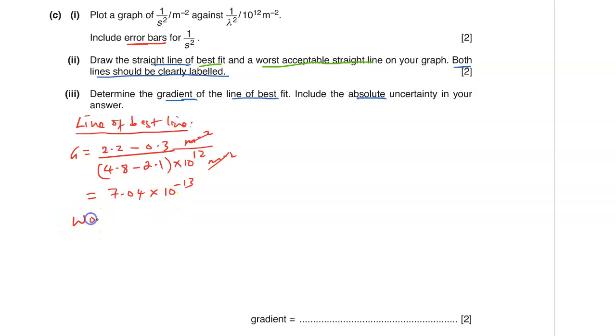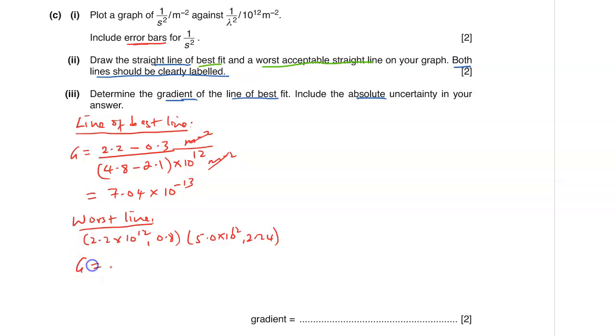Then the worst acceptable line, and the coordinates that I used are 2 times 10 raised to power 12 for the x-axis, and 0.8. The other coordinate was 5.0 times 10 raised to power 12 and 2.24.